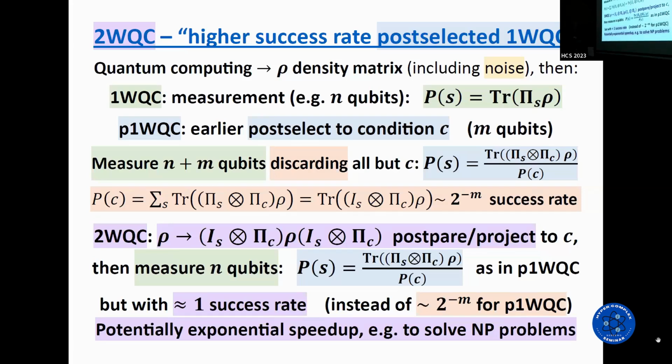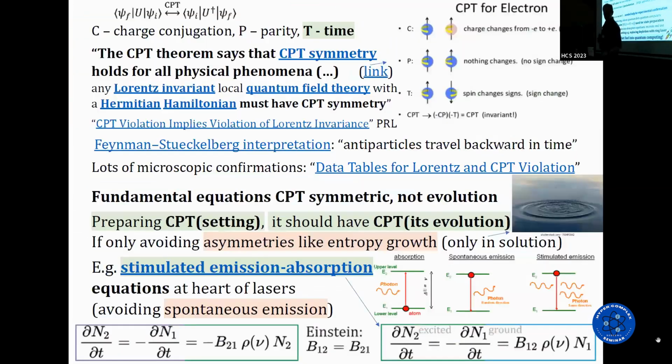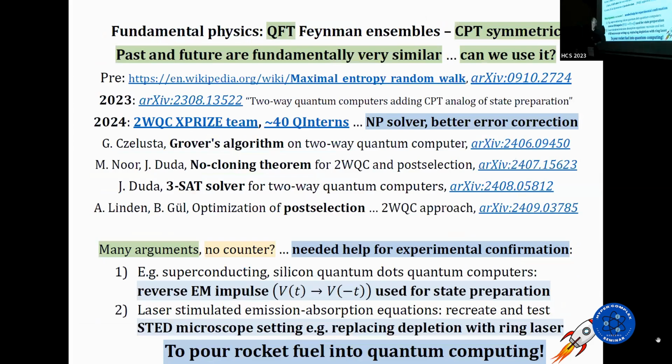That will confirm or reject your claims. Yeah, so the basic two ways are taking a standard quantum computer and trying to reverse the impulses used for separation. Yes, this is one direction. And the other direction is using lasers and testing these stimulated emission and absorption equations.